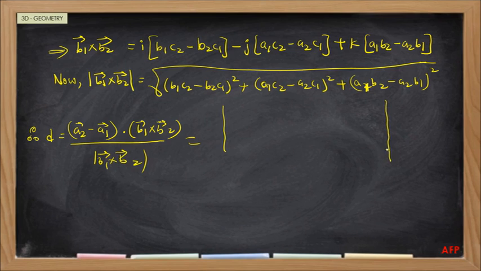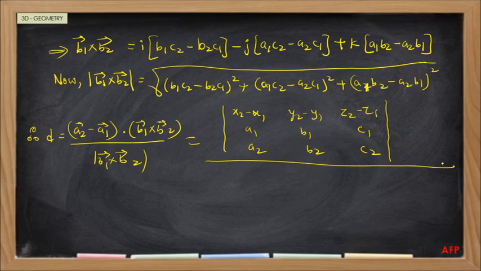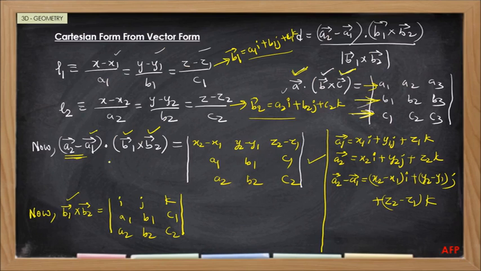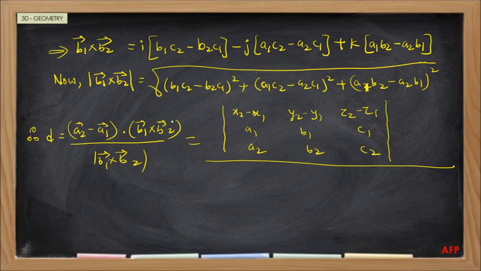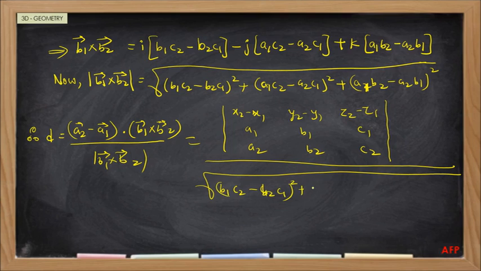It is given by the determinant with rows x2 minus x1, y2 minus y1, z2 minus z1; a1 b1 c1; a2 b2 c2, whole divided by the denominator part, the square root of (b1 c2 minus b2 c1) squared plus (a1 c2 minus a2 c1) squared plus (a1 b2 minus a2 b1) squared. The numerator part is as it is.